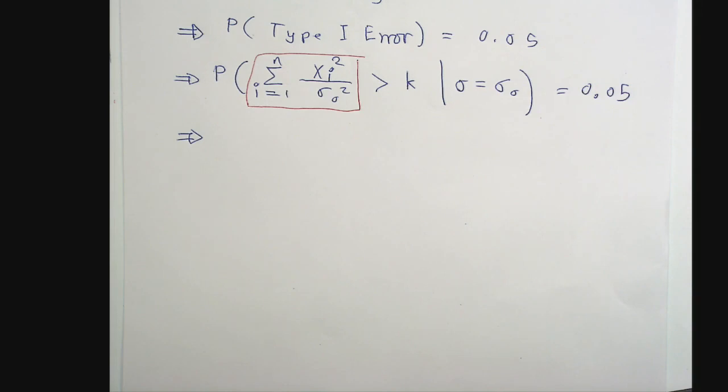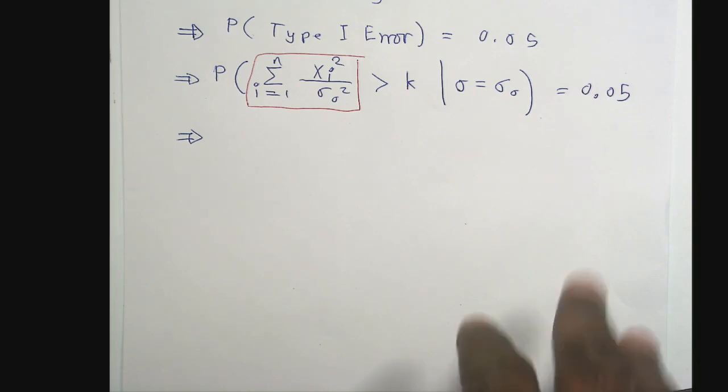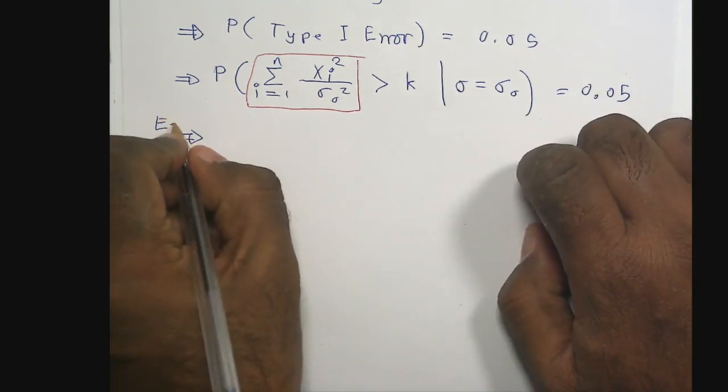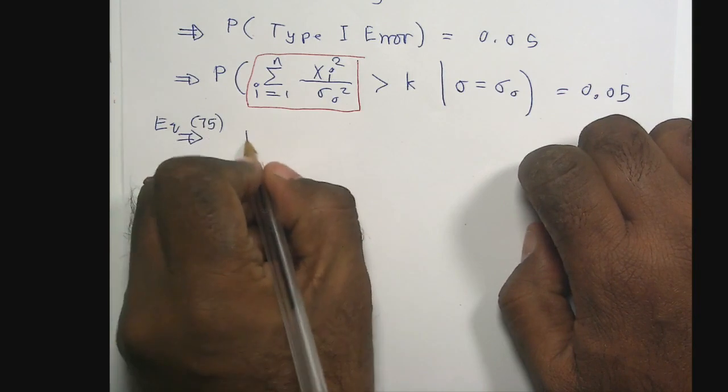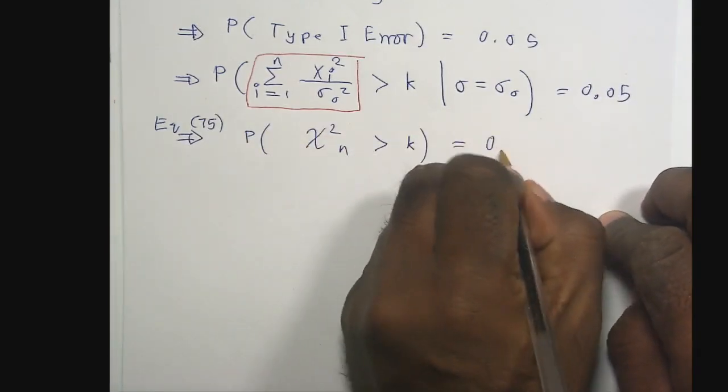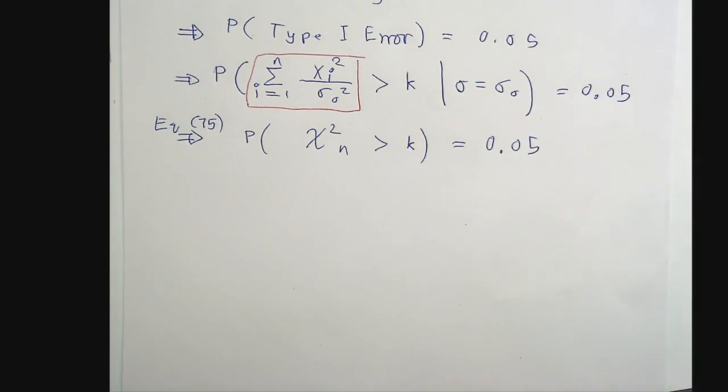Let me show you what it is. If you look at page 17, equation 75 of the lecture notes, you will see that this must have the chi-square distribution with n degrees of freedom.